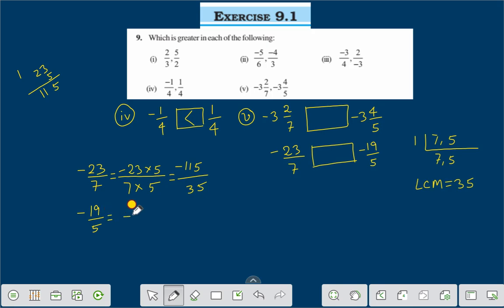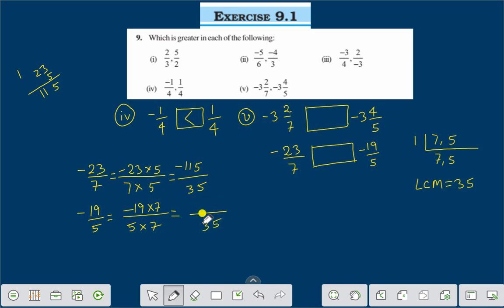If we divide the LCM, 35, by 5, we get 7. Right? 5 sevens are 35. That means you have to multiply the numerator and denominator by 7. It is 5 into 7, and this number will be minus 19 into 7. The denominator is 5 sevens, 35.